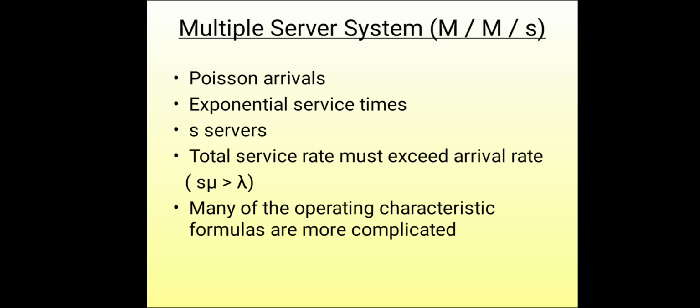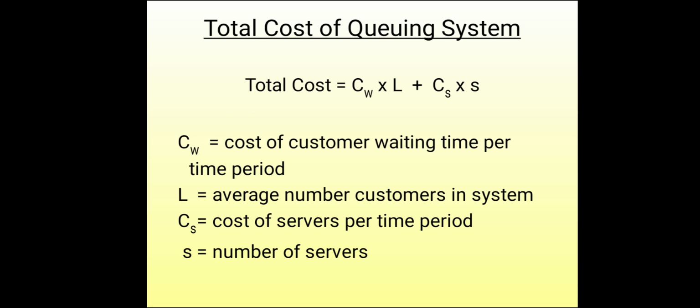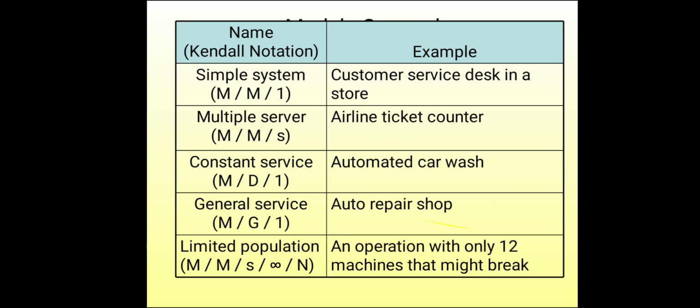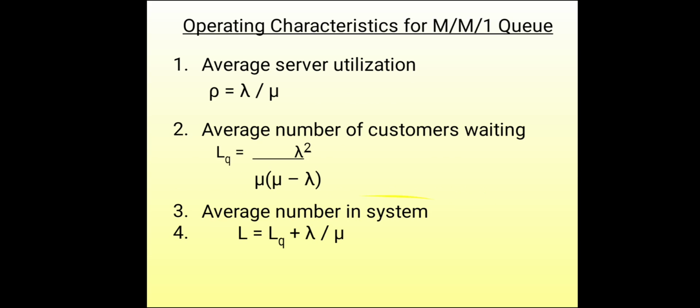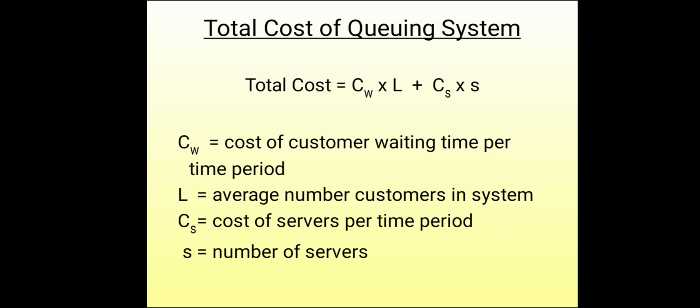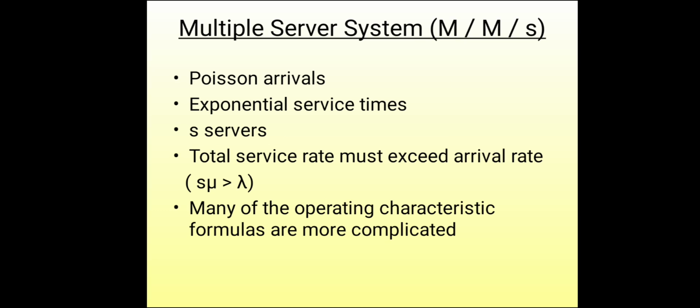Then let us discuss multiple server systems. In multiple server systems, we have to consider Poisson arrival and exponential service. In the previous section we discussed the single service center, the single server queuing system. Now we'll discuss multiple server systems.